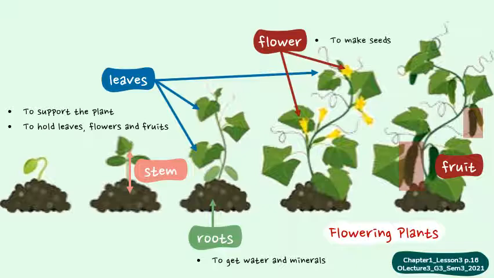The flower of this plant makes the seeds and helps the plant to reproduce. The leaves are the green parts that catch sunlight and carbon dioxide. But what do green plants need sunlight and carbon dioxide for? They use them to make food. Leaves are important.